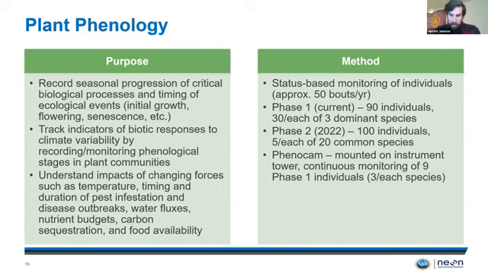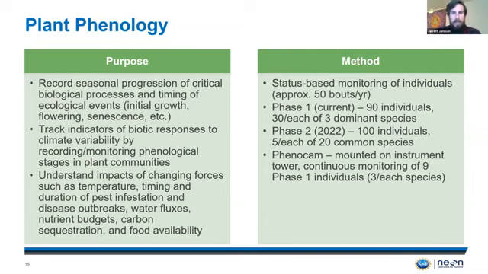Our sampling method for this involves status-based monitoring of individuals for approximately 50 bouts per year. We are currently in phase 1 of this protocol, which involves doing observations on 90 selected individuals, 30 of each of our 3 most dominant species, which I'll get to in a moment.